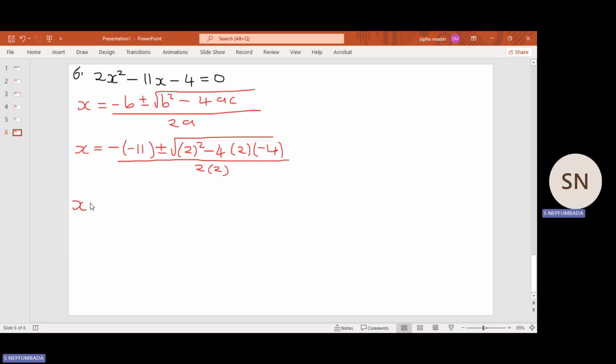Therefore, when we press everything into our calculator, we'll get that our x1 is equal to 5.84, or our x2 is equal to negative 0.34. You see, this one was straightforward. Let's proceed to the next one.